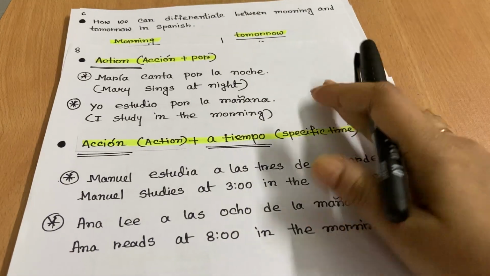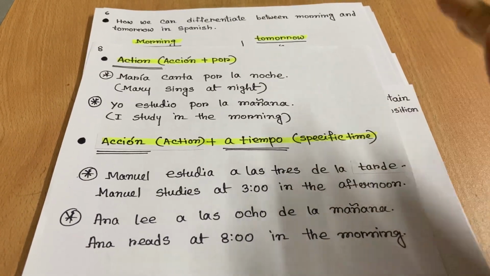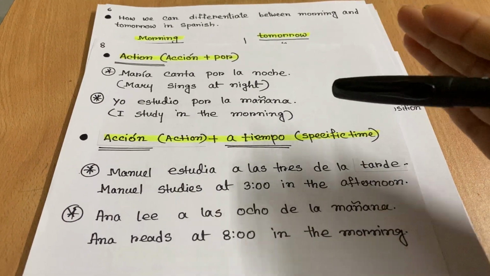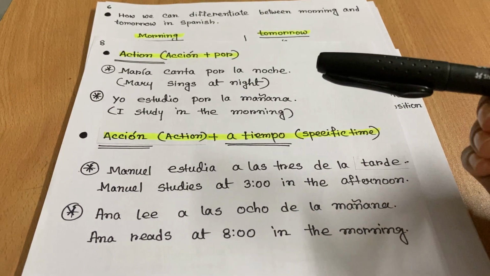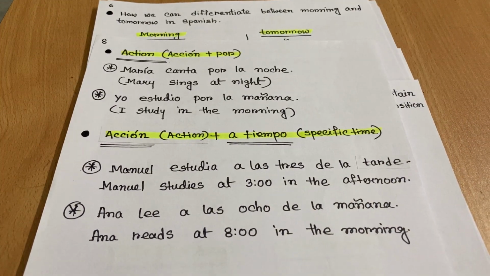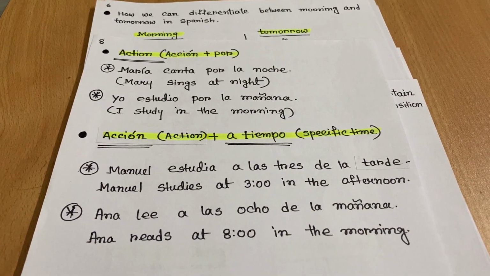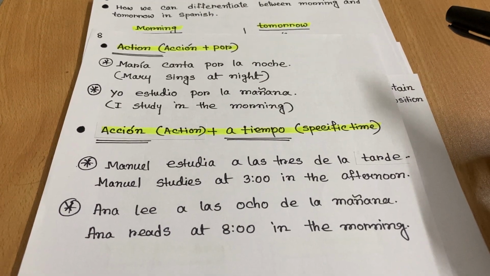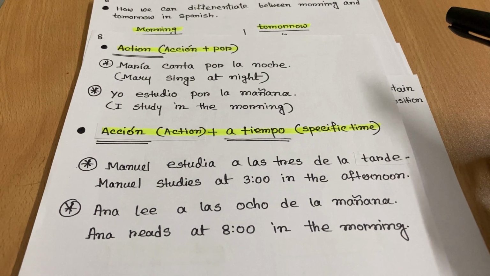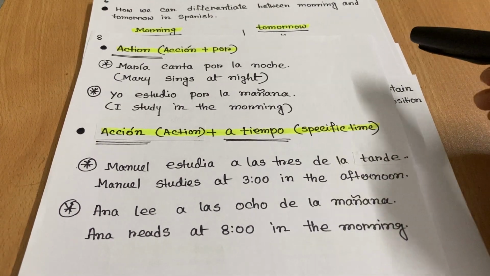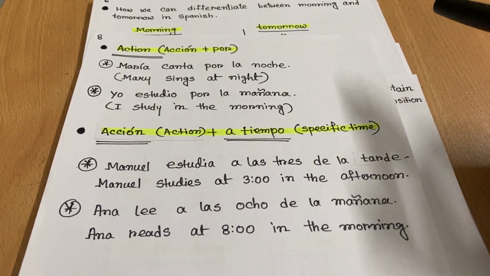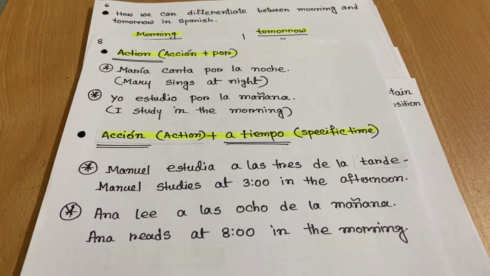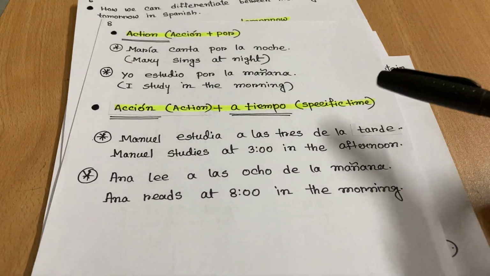Okay, and the last one is kind of a formula. Please remember the same thing, you can use this formula. When we are talking about an action, then we use action plus por. Like Maria canta por la noche, Maria sings at night. But the other way, when we talk about an action with a specific time, then we use de.